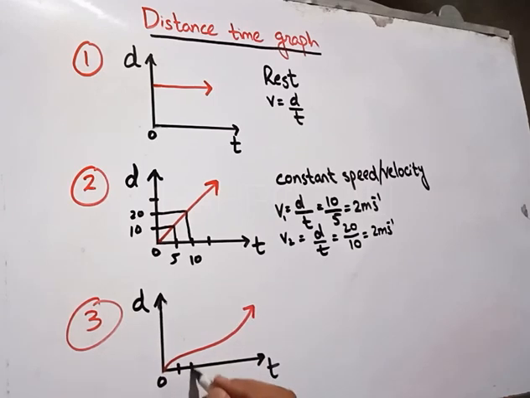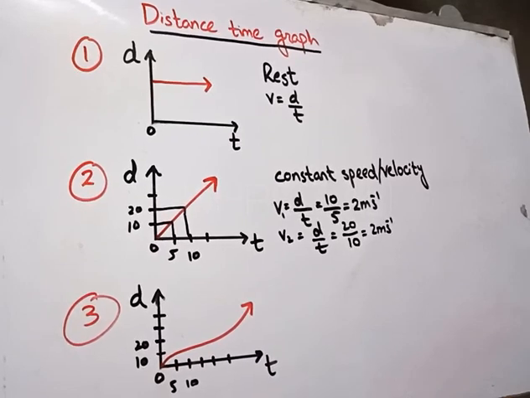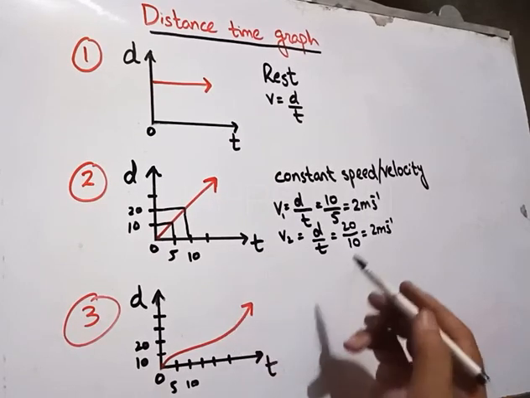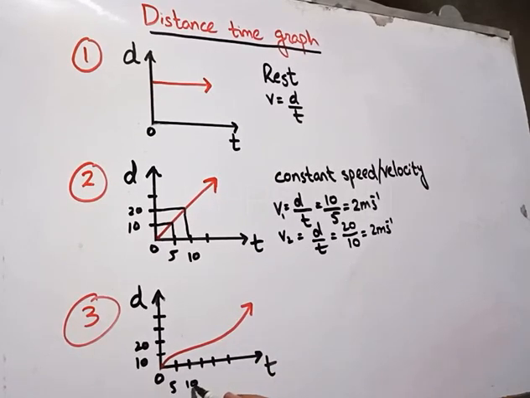Time is passing like this: 5 second, 10 second, 20 second as well, and distance 10, 20, 30, 40. I am just writing two values, as I already did in the second graph.